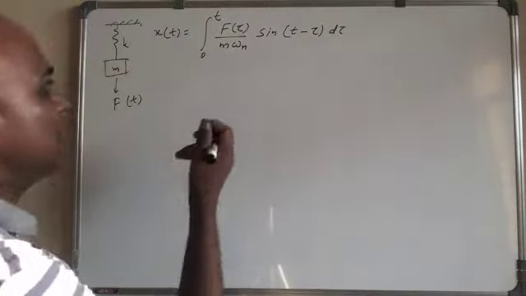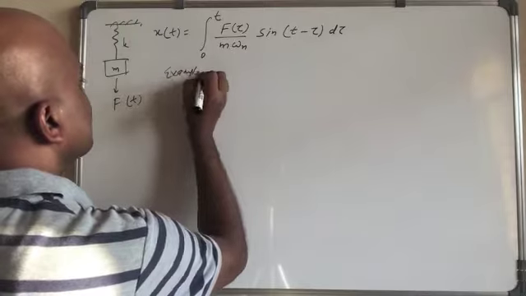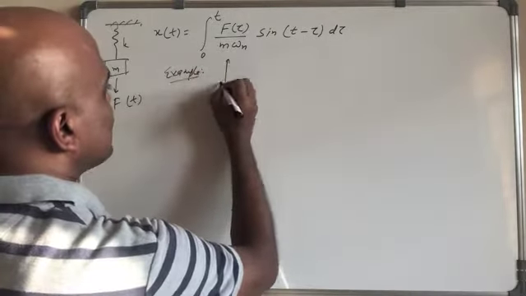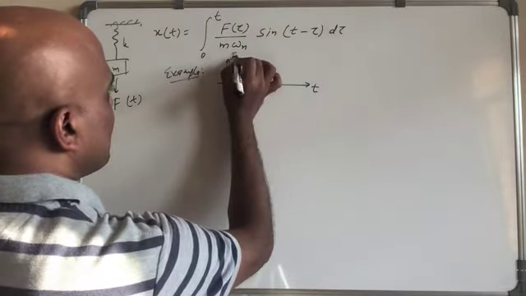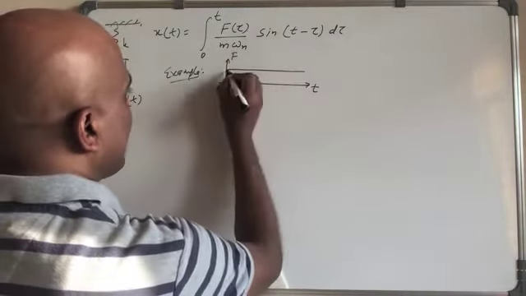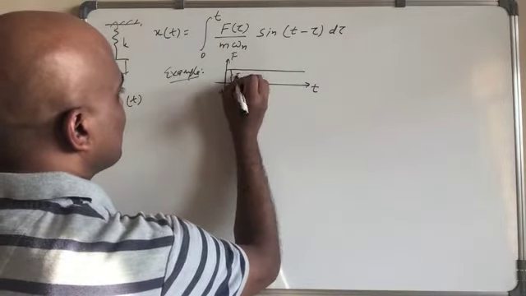Okay. Now take an example. Let's solve the example where the force is given like this: this is time, this is F, and at t equal to 0 we have F naught here.